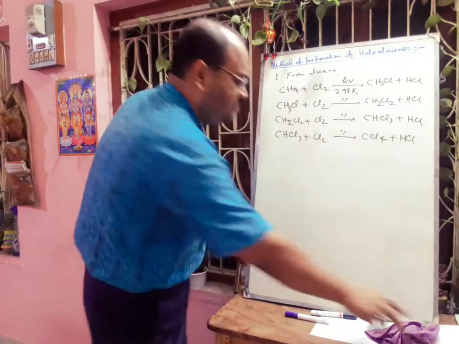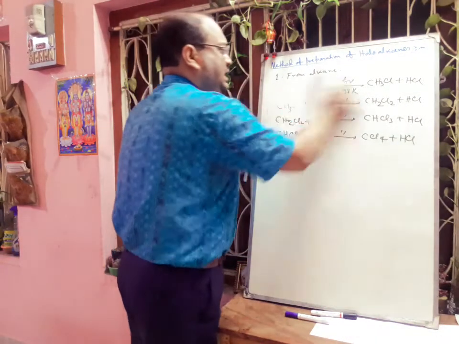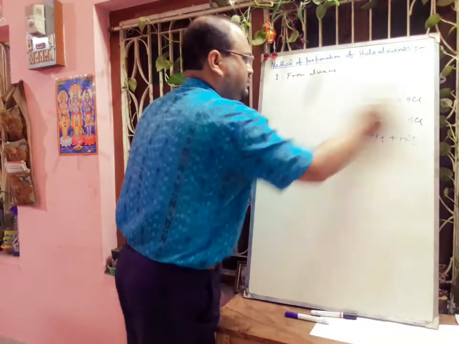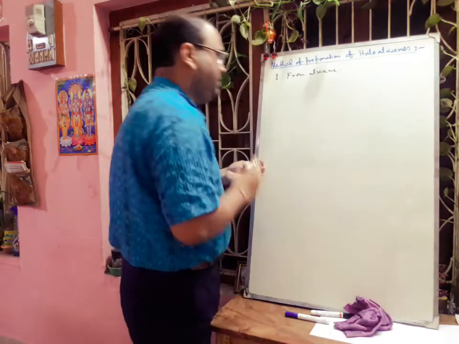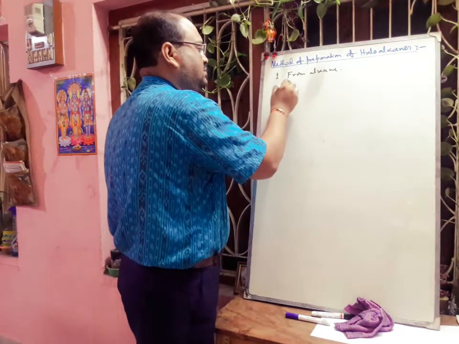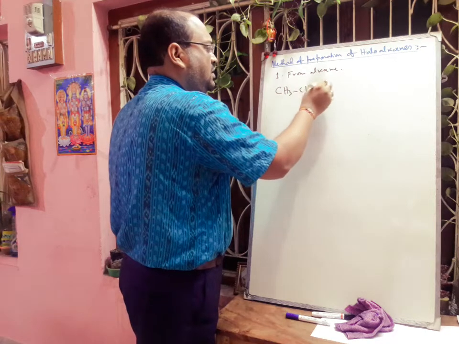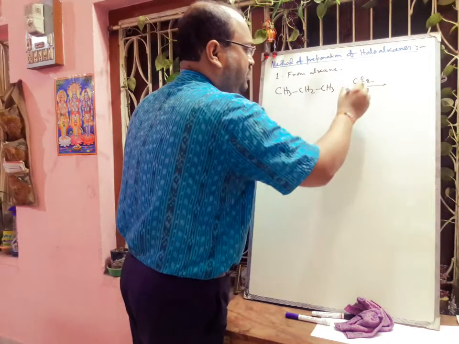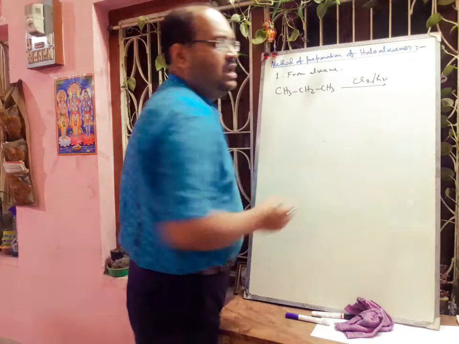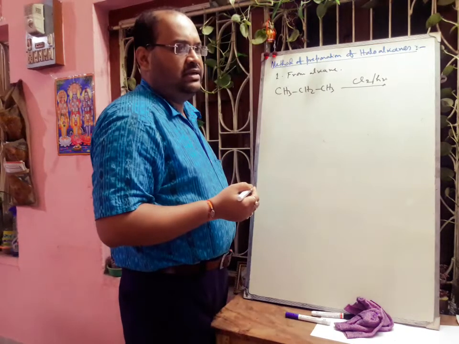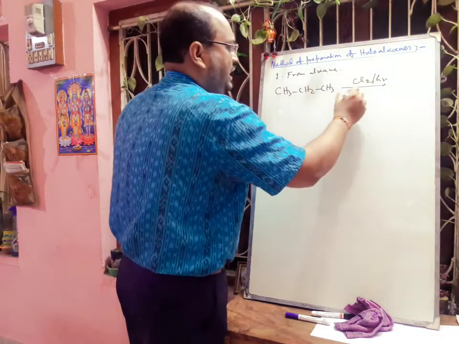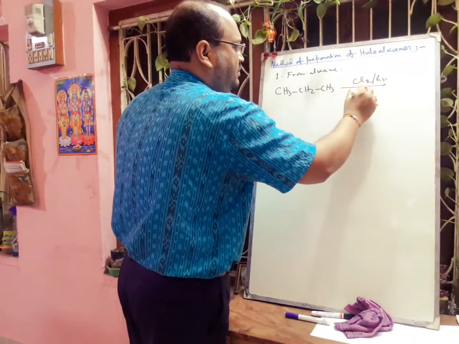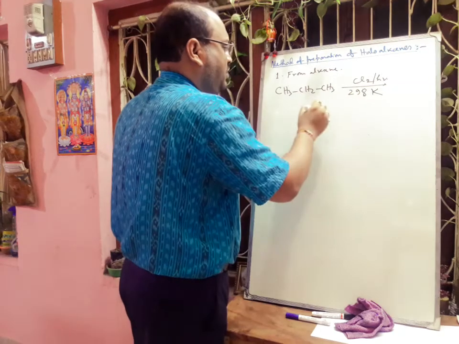Next, if you take some unsymmetrical alkane like propane, and give chlorine and light, with the temperature almost the same, that is 298 Kelvin, we get two types of product.